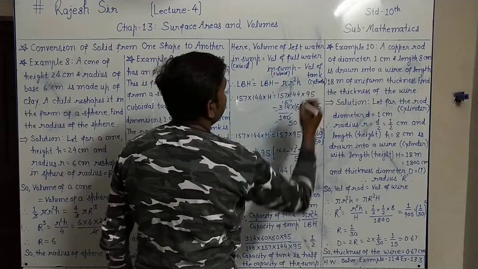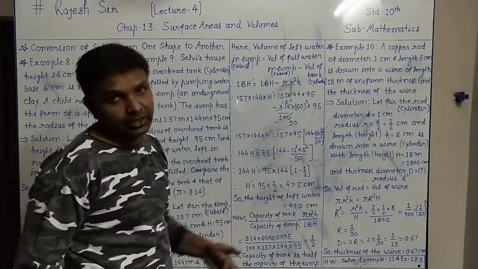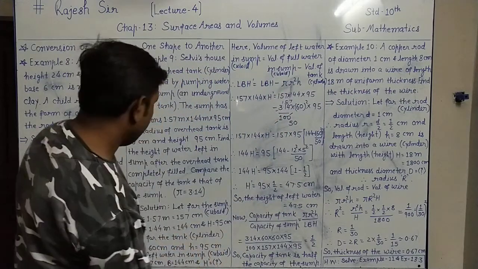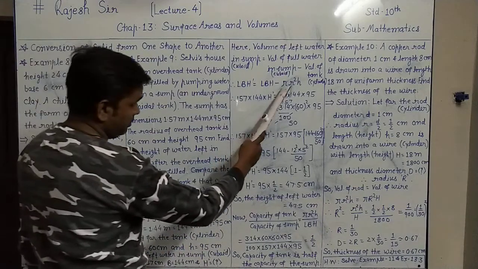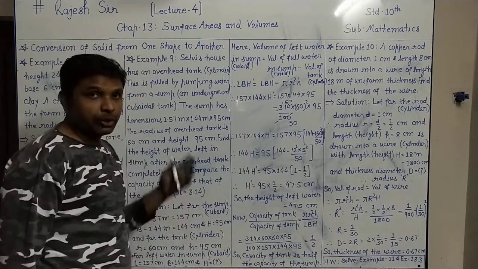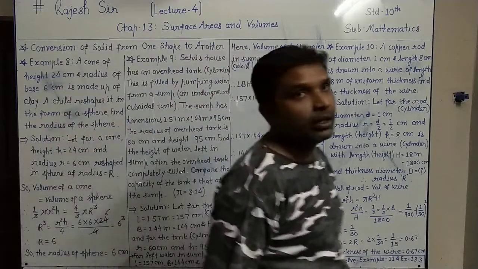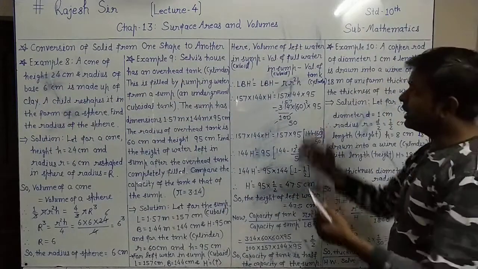The cylinder's volume is pi r square h, because for the cylinder we take small r and small h. So we have to take all the things carefully here.